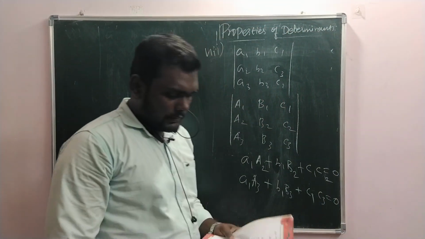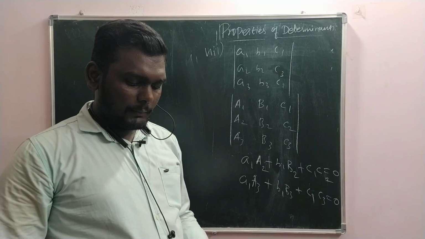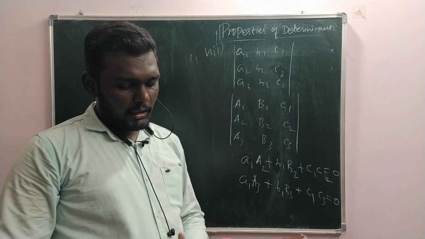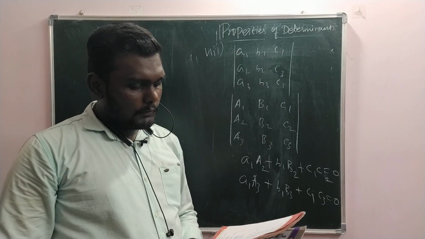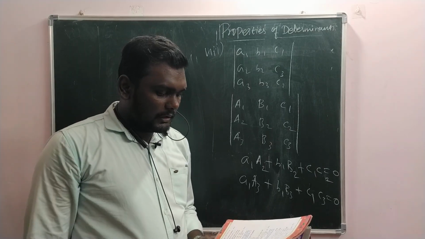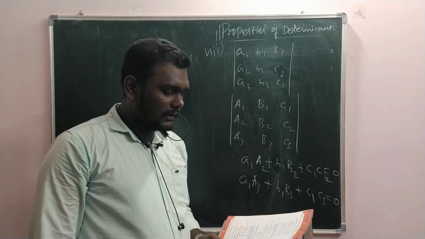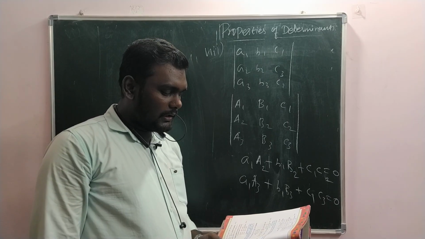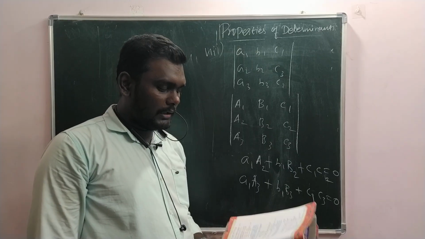So what is the ninth one? If the elements of a square matrix are polynomials in X, when X is equal to A, two rows or two columns become identical, then X minus A is a factor of its determinant. Similarly, when X is equal to A, if three rows become identical, then X minus A whole squared is a factor of the determinant.